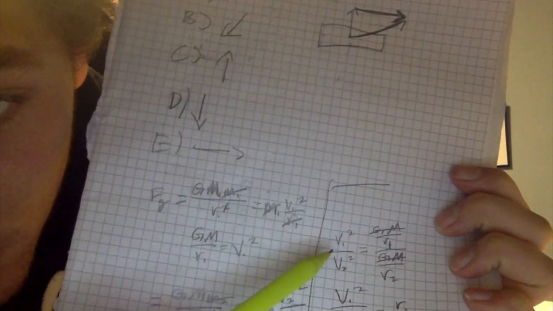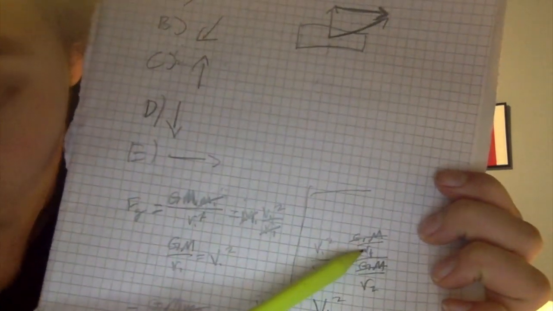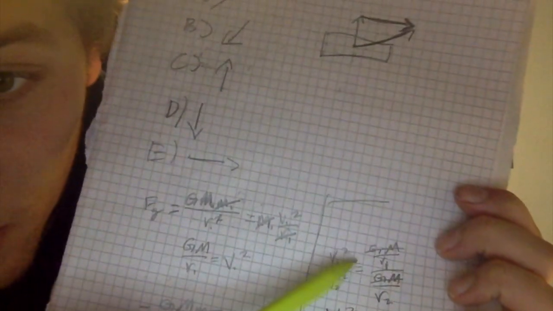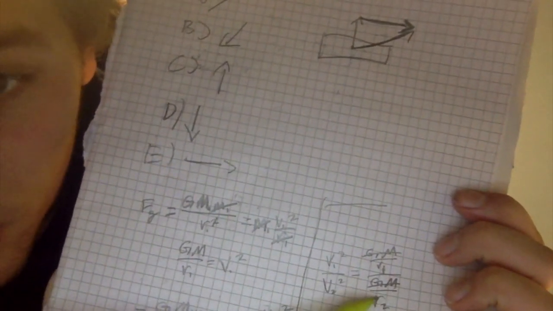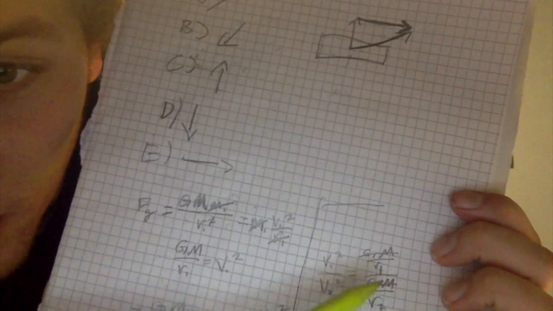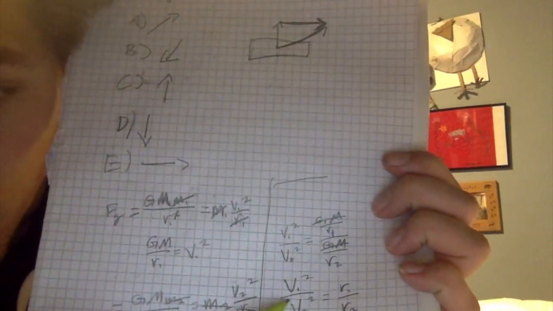Just set it up as a ratio, since we know that v1 squared is equal to GM divided by r1. We have that up there. Same thing with v2 squared, GM over r2 down here. The numerators cancel out, and we end up with v1 squared over v2 squared is equal to r1 over r2.